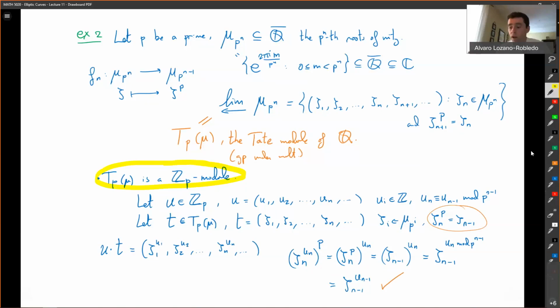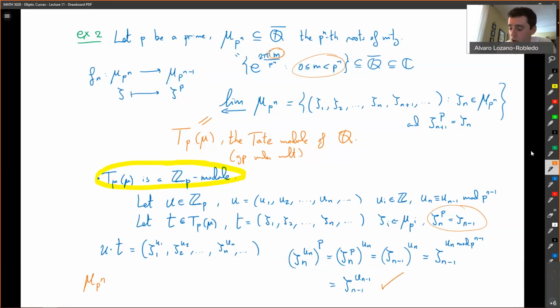Yeah, because, here's another way to see this, and this is going to come into what I was about to say: what are the p to the nth roots of unity? Like in here, you see, it doesn't matter. Here, m only matters modulo p to the n, right?